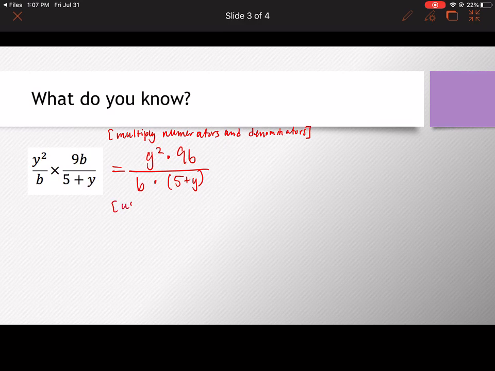So we're going to use the commutative property, which can switch around the factors, and factor any whole numbers. When we split up all of our terms into factors, then we can see where we can eliminate variables or numbers from the numerator and denominator.